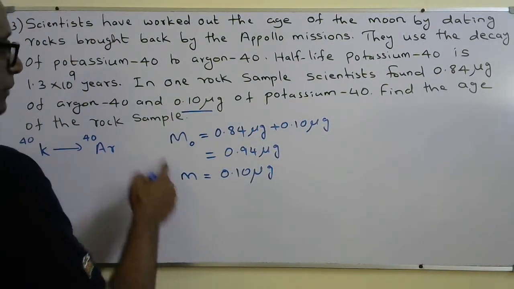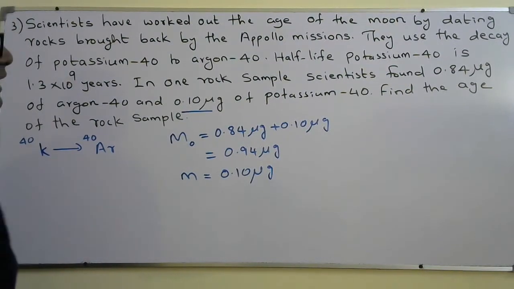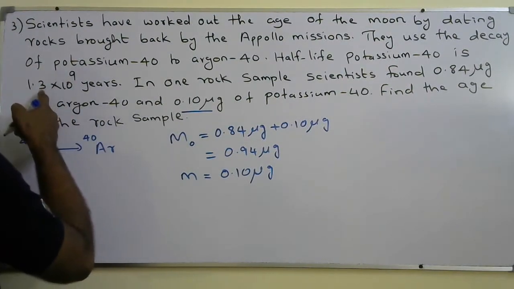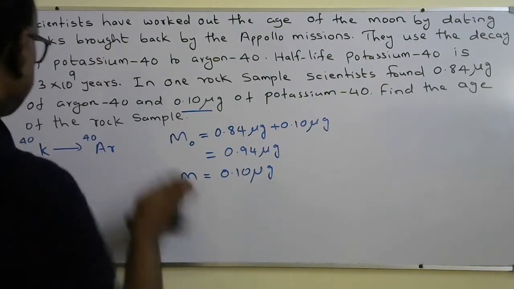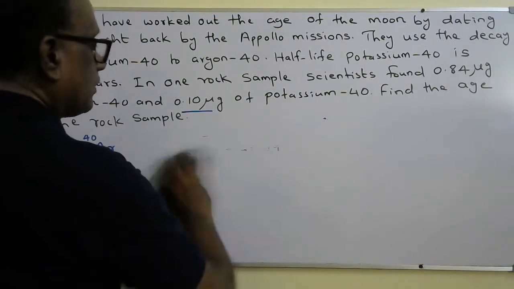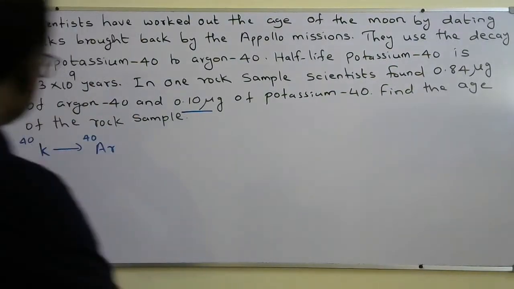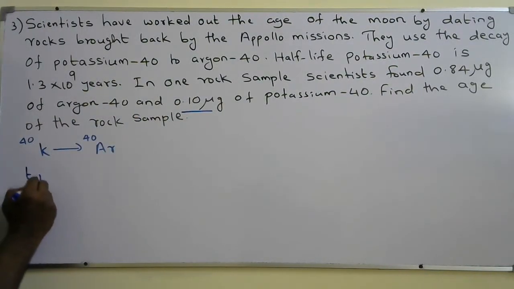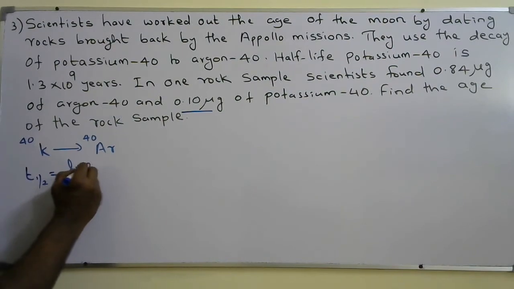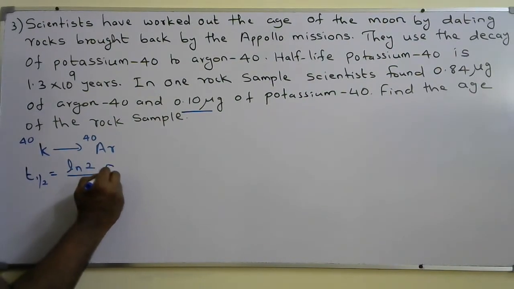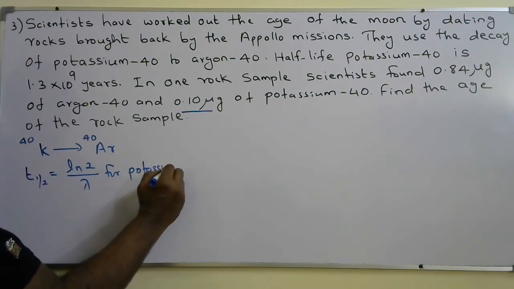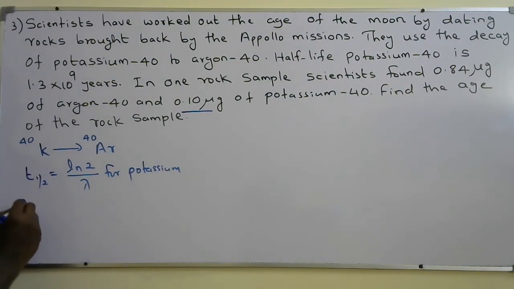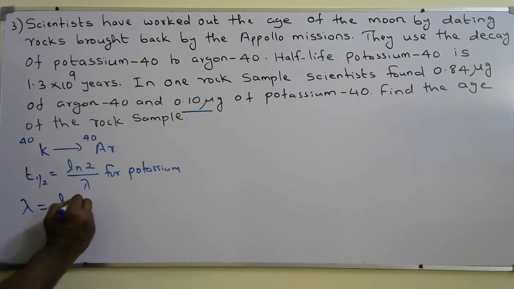So we can use m equals m naught e to the power minus lambda t, but the only thing we need is to find the lambda from this half-life. So we'll use that idea to find the lambda first. T half is equal to ln2 over lambda for potassium. So lambda is equal to ln2 over half-life.